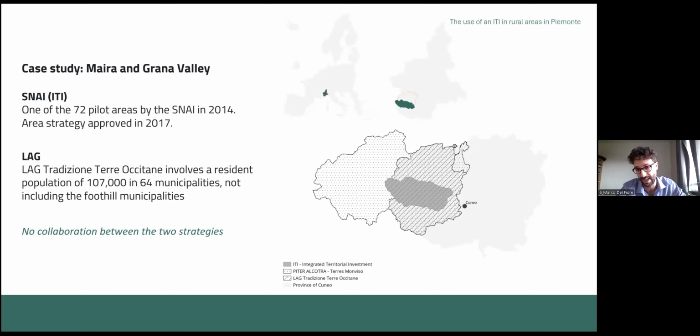But in this case study, despite ITI and LAG strategies being in place, there has been no formal collaboration between them in the territories. And this lack of coordination exemplifies some of the challenges in integrating multiple policies, frameworks, and strategies.